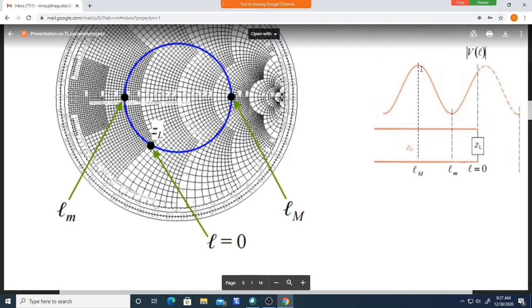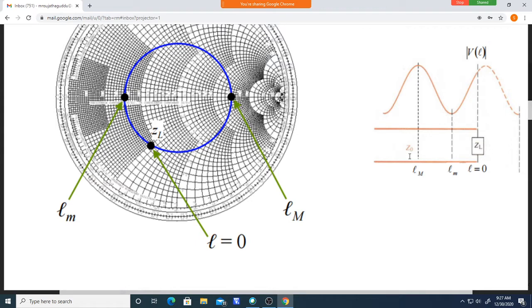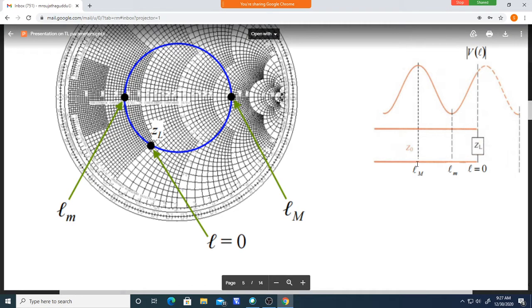Similarly, at the maxima position, impedance is maximum, and it is equal to R naught into S. R naught means it is real, because assuming a lossless line, characteristic impedance is real. So instead of Z naught, we can call it R naught.